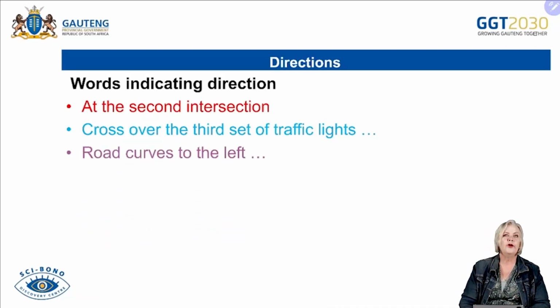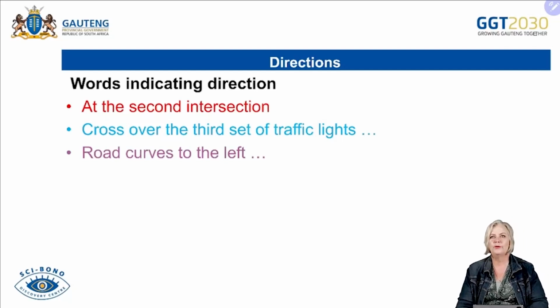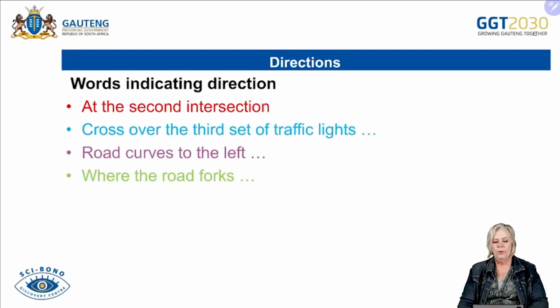The road curves to the left or to the right. That indicates direction. Where the road forks, in other words, if you are traveling down a street and that street splits in two, then you need to indicate whether to go left or to go right.